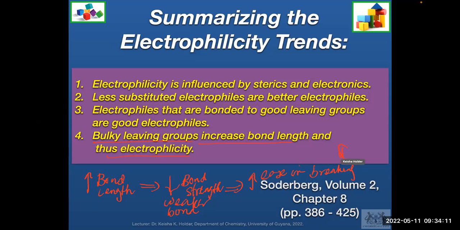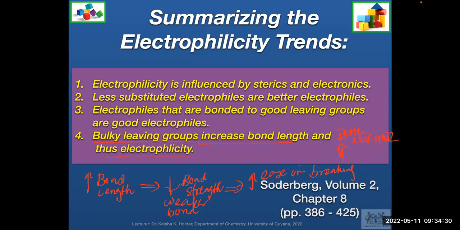The easier the bond is to break, the better the electrophile. Is that clear? Yes, Miss, much better. Thank you.